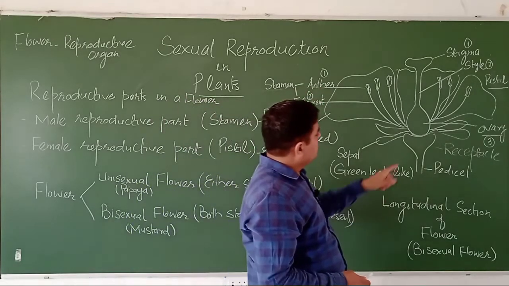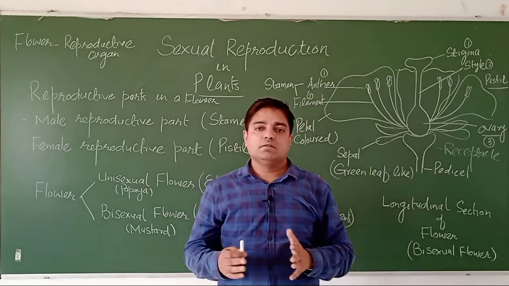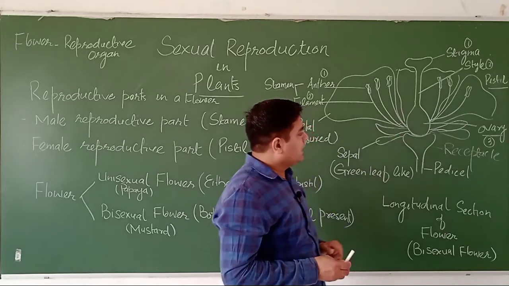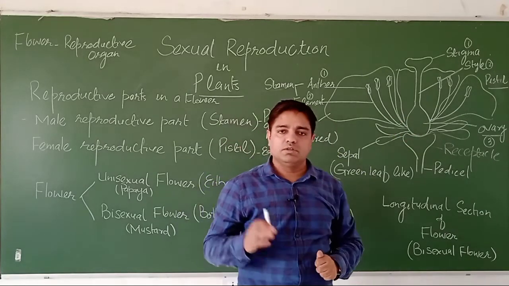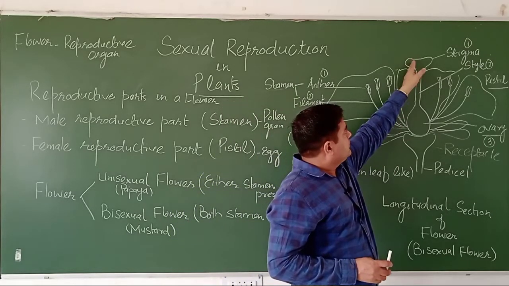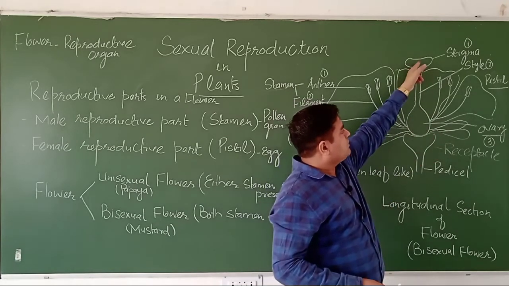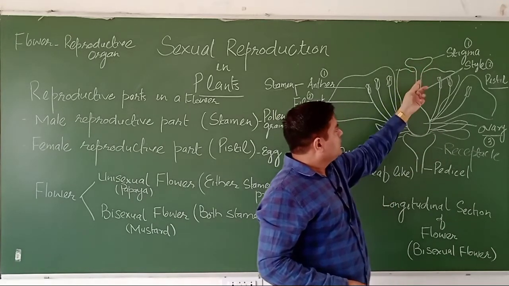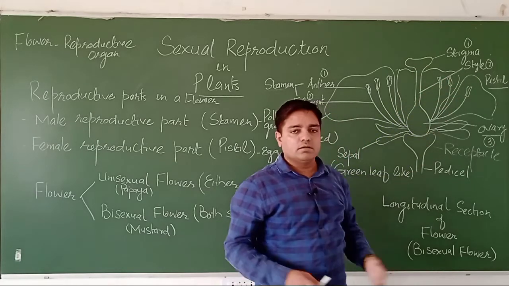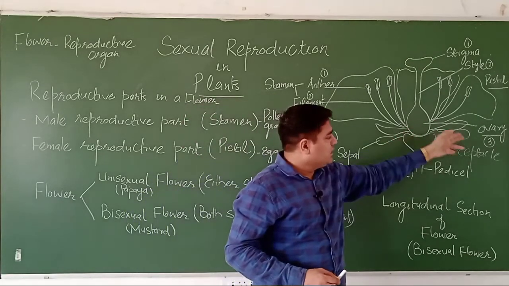Now we go to the innermost whorl, which is the female reproductive part, known as the pistil. The pistil consists of three parts: this flat sticky part is known as the stigma, this tube is known as the style, and this basal swollen part is known as the ovary.